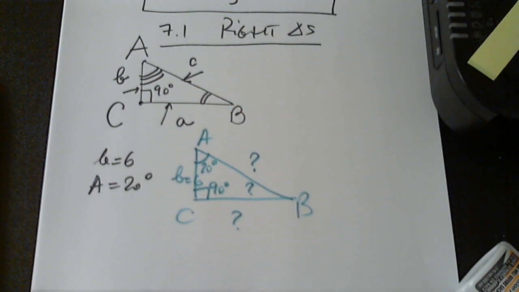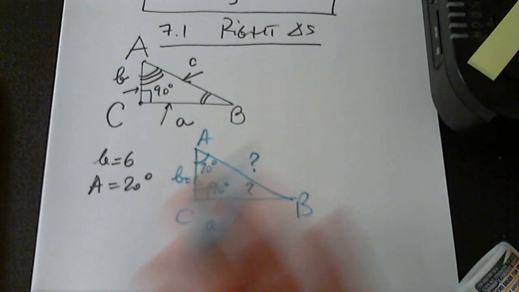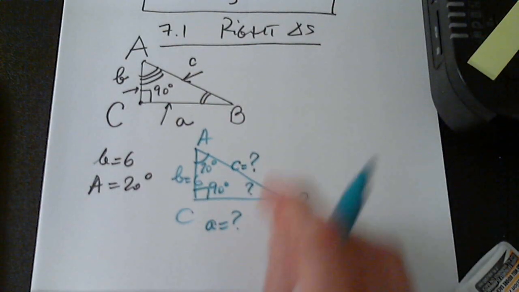So it's clearly stated one more time. Find lowercase a, find lowercase c, and find the angle B. So this is the opposite of A is lowercase a. The opposite of C is the lowercase c.